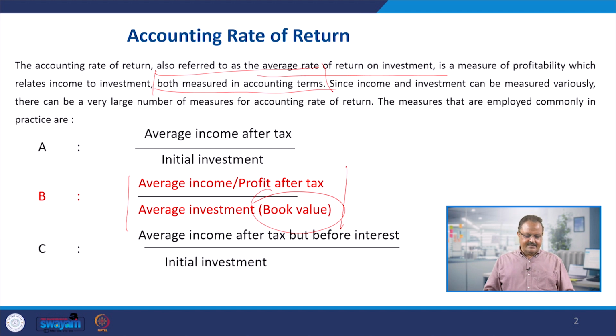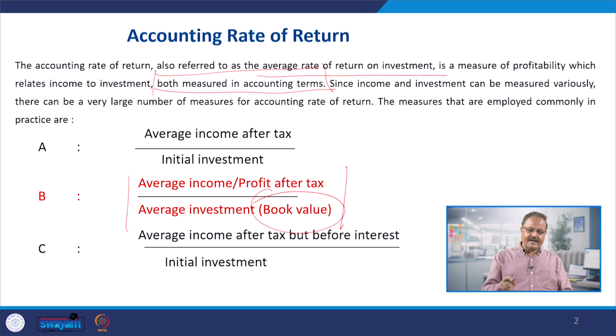So accounting rate of return or average rate of return is the only measure which is based upon accounting terms. It takes into consideration the profit, not the cash, and gets divided. Profit is divided by the average investment, and that way we are able to find out the average rate of return or accounting rate of return.